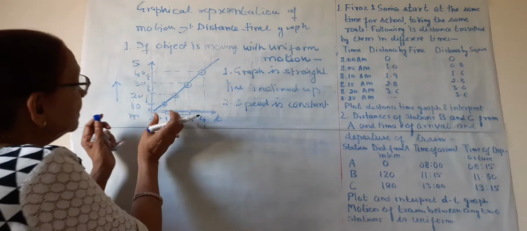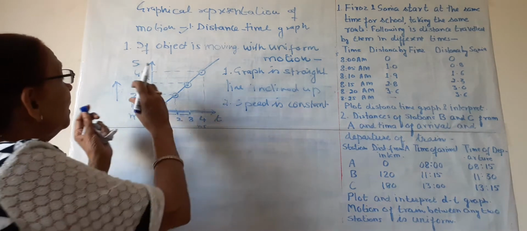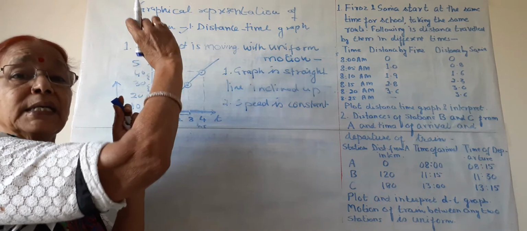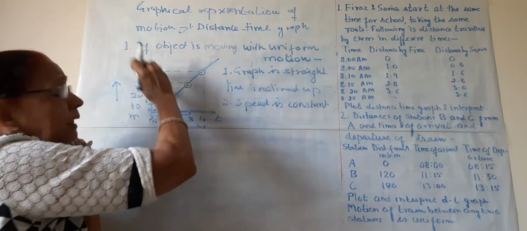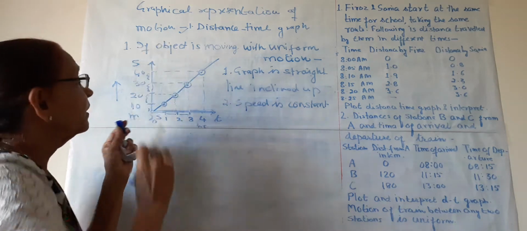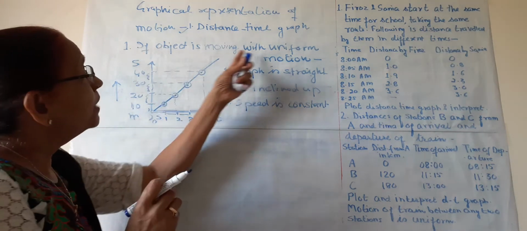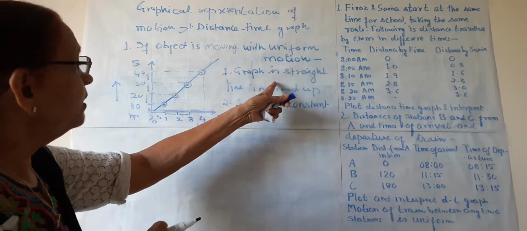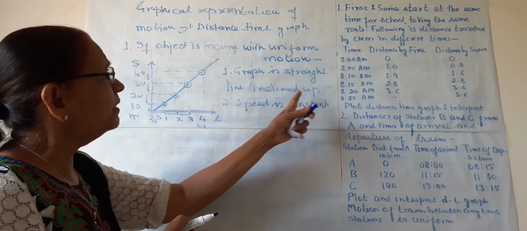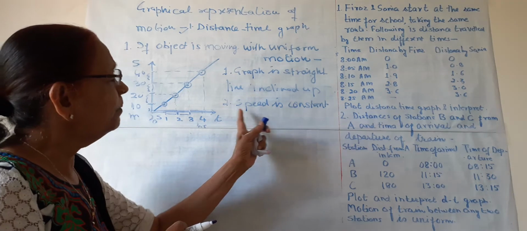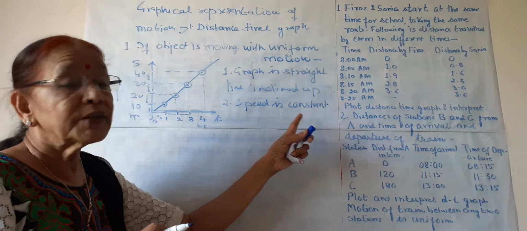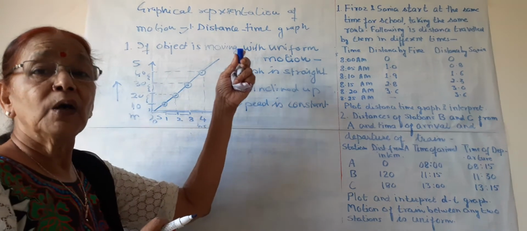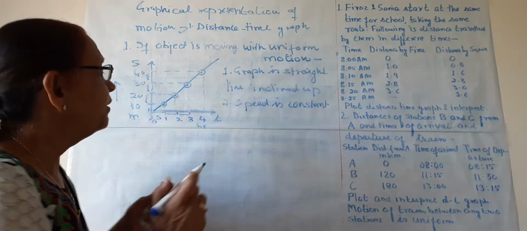That is in equal time interval, the distance covered is same, 10 meters in each hour. So the object is moving with uniform motion. The points are, graph is a straight line, inclined up, speed is constant. It is moving with a constant speed.